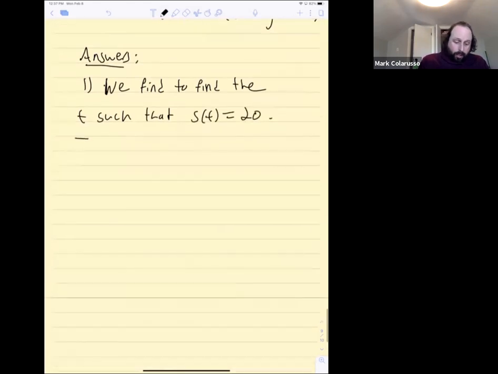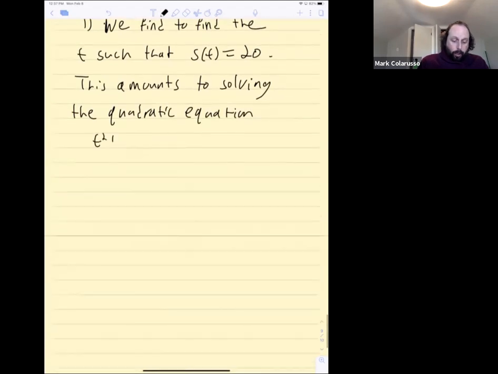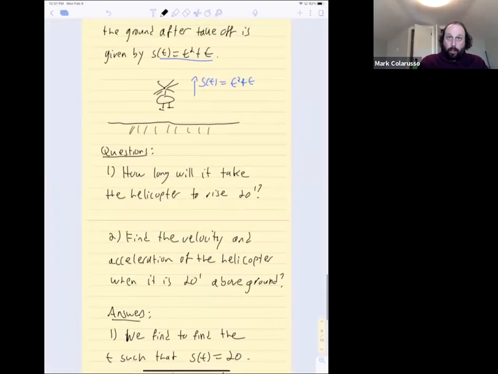So this amounts to solving the quadratic equation. Remember, S of t is t squared plus t, as you see above, right?